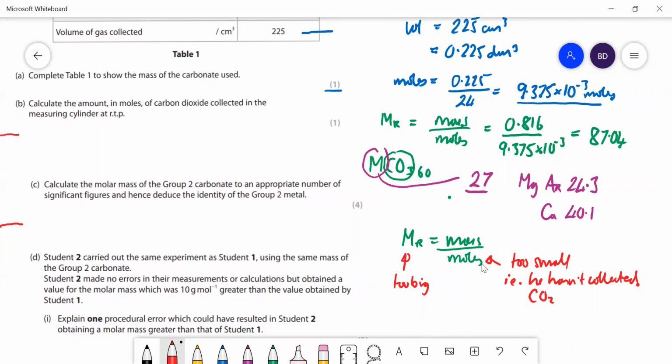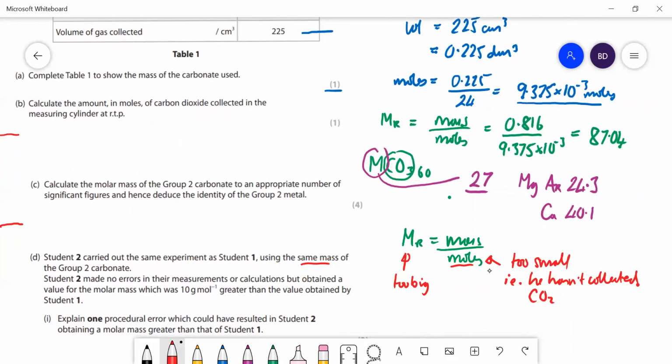And the first thing that struck my mind was that maybe the acid wasn't in excess, because it doesn't say he uses the same acid. But anyway, I looked in the mark scheme, and that's not really the answer they're looking for. If you didn't have an excess of acid, that would definitely cause that. You wouldn't release all the carbon dioxide, the number of moles would be too small. They're looking at something more simple than that.